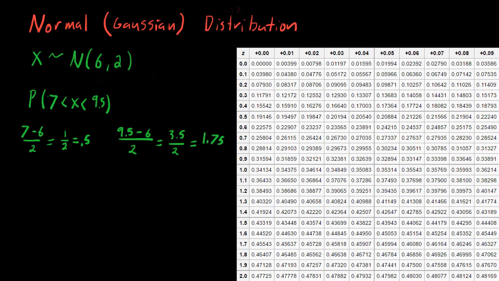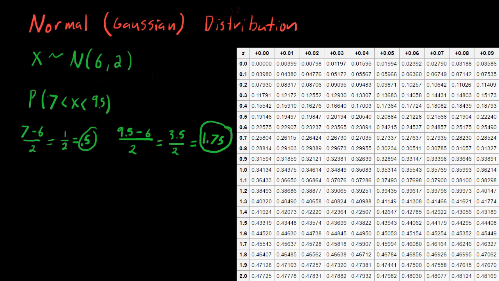So since both of our z-scores here are above 0, so we have 0.5 and 1.75, and our z-table is finding the probability that x falls between 0 and whatever our z-score is, we just need to find the probability that x falls between 0 and 1.75, and then just simply subtract the probability that x falls between 0 and 0.5.